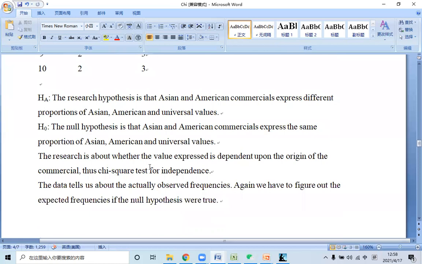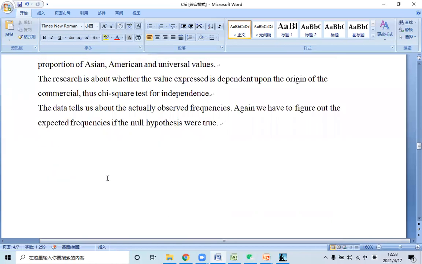You want to reject the null hypothesis. The question is what kind of statistic would you need to compute to test the null hypothesis? In this case, you would compute a chi-square. You would compute a chi-square for independence.